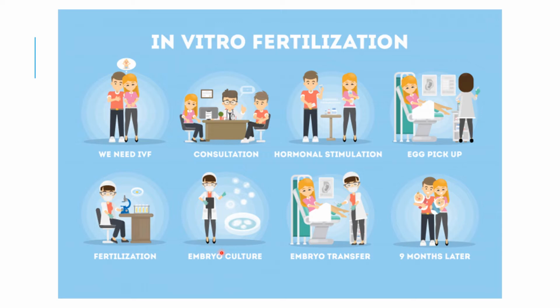After the 4 to 8 cell stage, the embryo is ready. Those embryos are transferred back in the female uterus, or implanted in the female reproductive tract, and then the mother carries the baby with a normal pregnancy for 9 months.